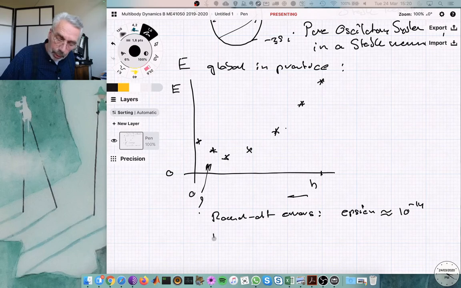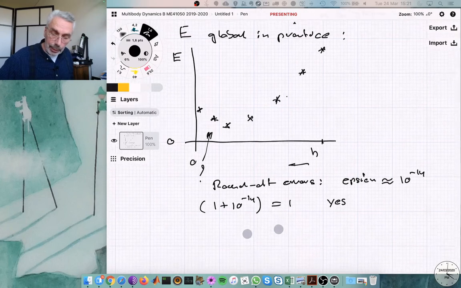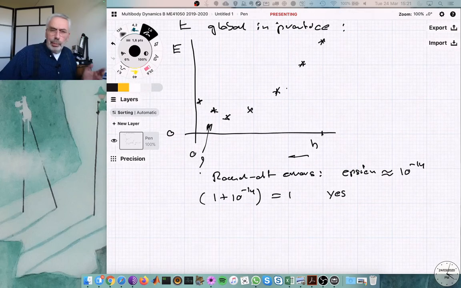If I do in MATLAB 1 plus 10 to the minus 14, and I ask, is that equal to 1, then it says probably yes, because if you add these numbers up, these digits just disappear. It can also be 15 or 16, you just have to check that. But that is what we call epsilon. You make these epsilon errors, and since we already use epsilon, let's call it C2 for now.